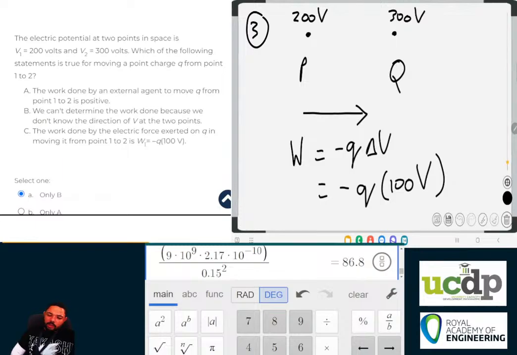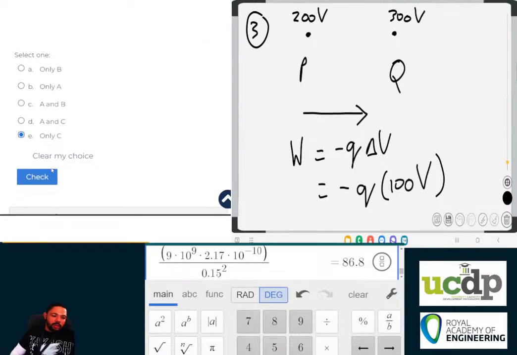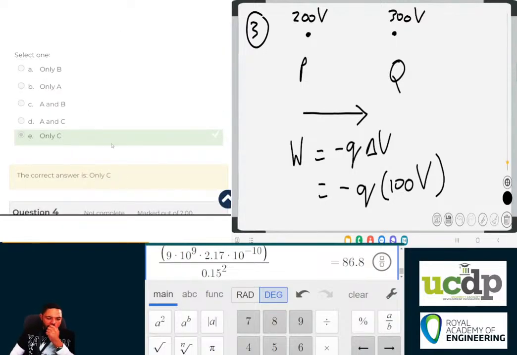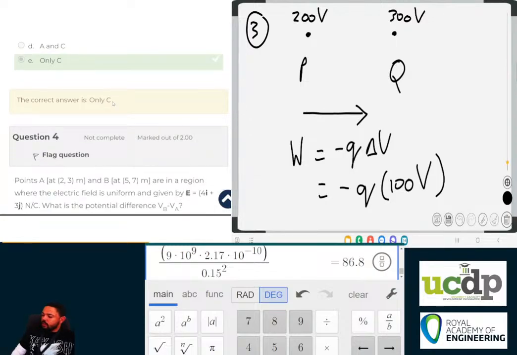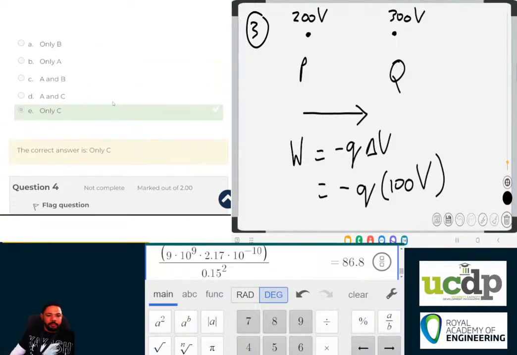So that is the work. Only C then is correct. Let me check. Yes, indeed, only C is correct.